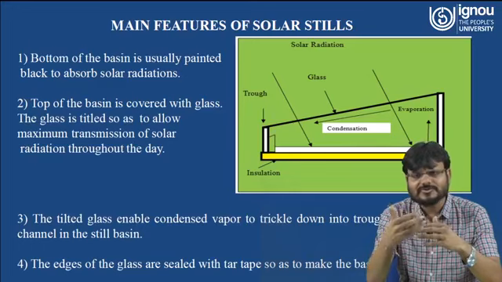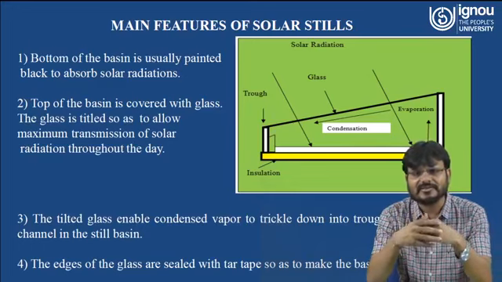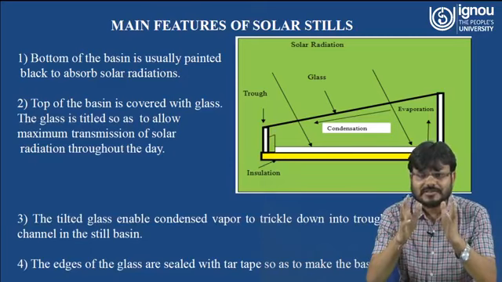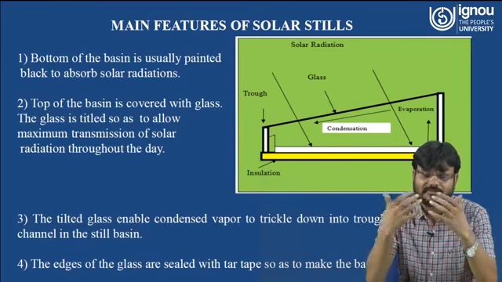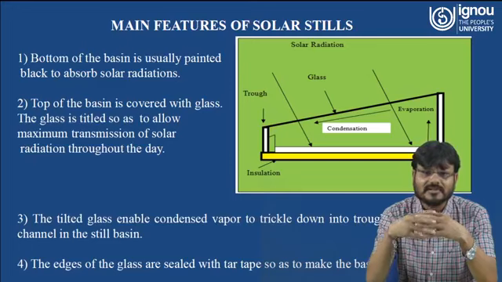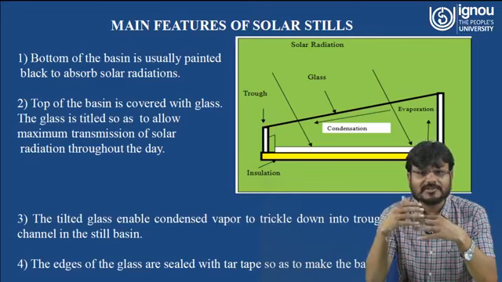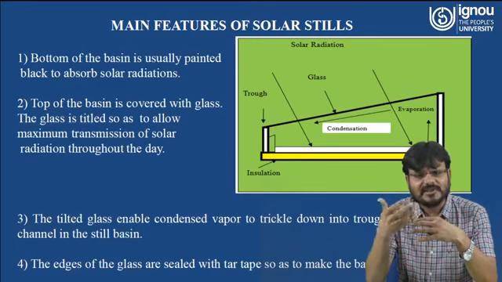Now you have to see how the efficiency of the solar still can be increased. Here is an interesting fact. One is the absorptivity: if you are able to increase the absorptivity of the base of the solar still, or reduce the temperature of the glass cover, you will get more yield.